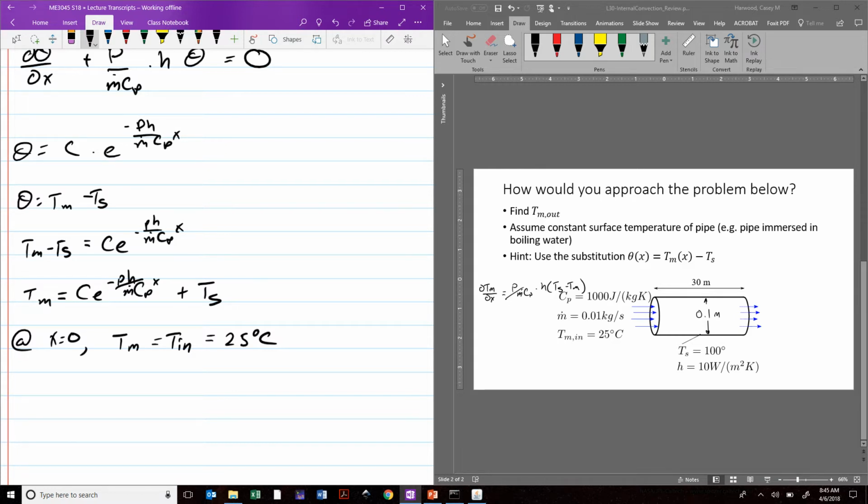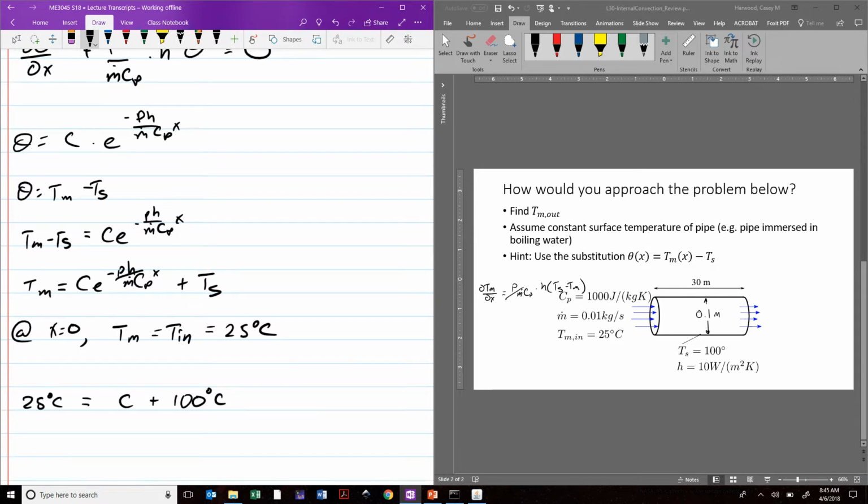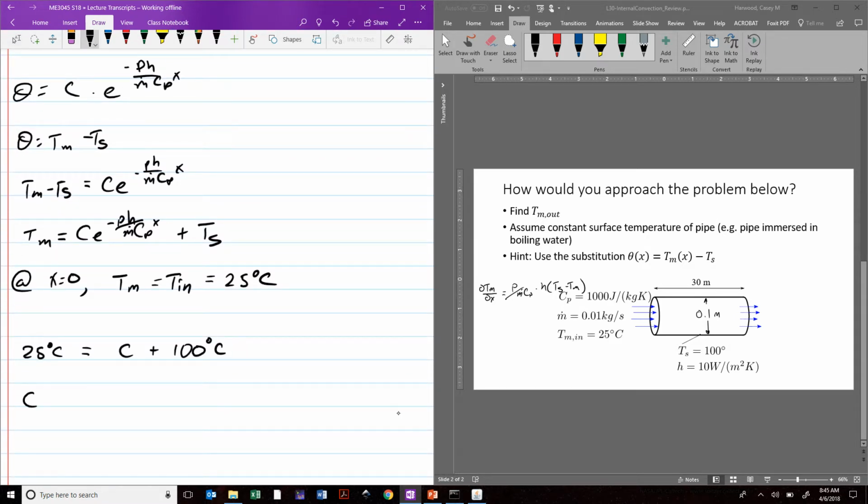So at that condition, e raised to the 0 gives us 1, and so we should end up with 25 degrees Celsius is equal to C plus Ts, when Ts is 100 degrees Celsius, which suggests that our constant there is negative 75 degrees Celsius.